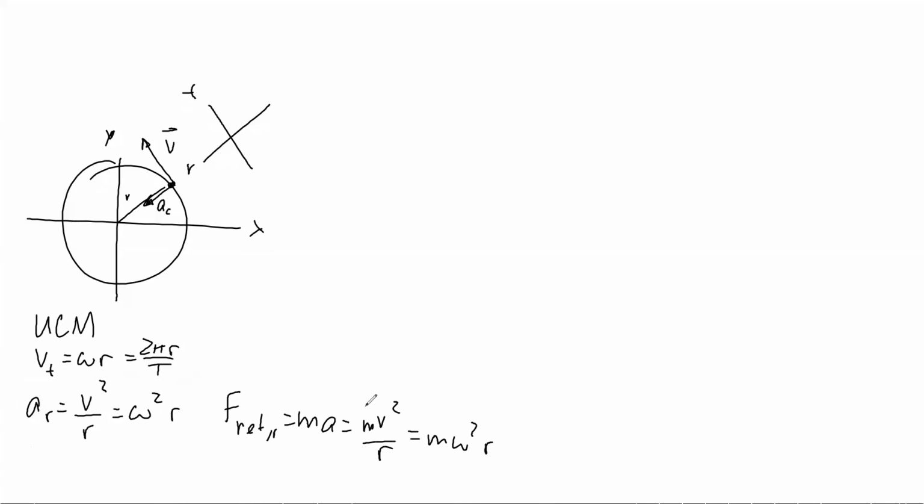And which one you use for which problem will depend on the context. Typically, if we are dealing with a particle like a car or something that's turning a corner, it's going to be more helpful to use velocity. If we're dealing with something that's spinning very quickly, then angular velocity is more useful.